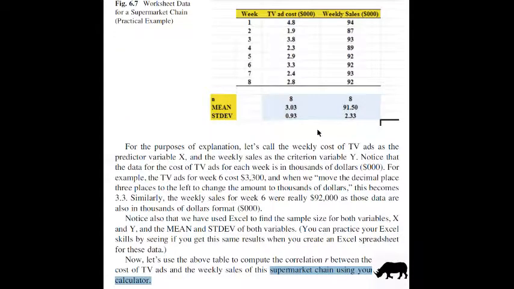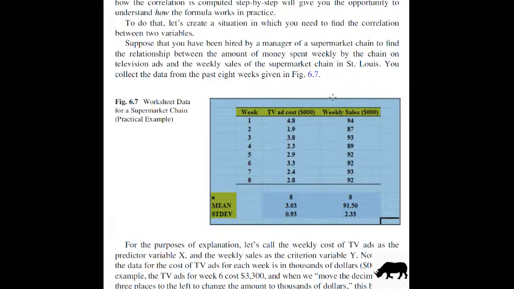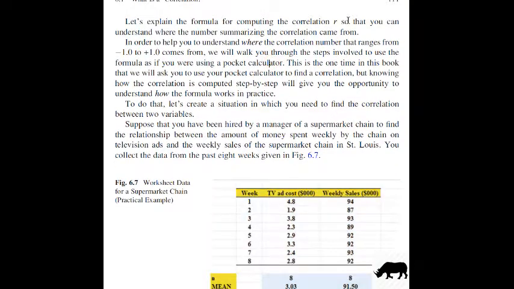Let's explain the formula for computing the correlation R so that you can understand where the correlation number that ranges from -1.0 to +1.0 comes from.